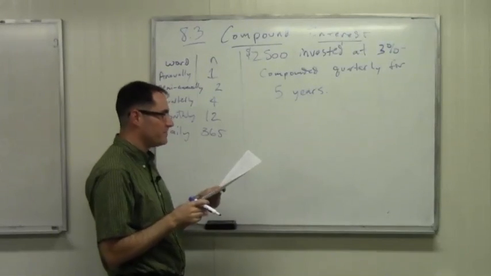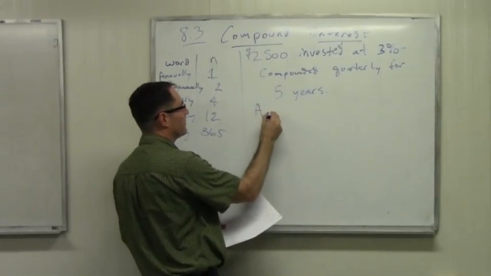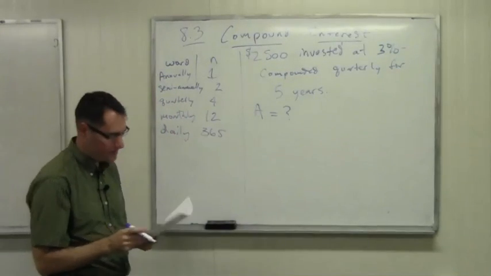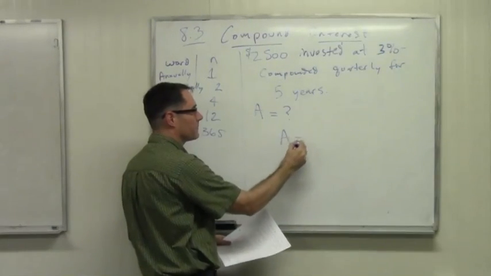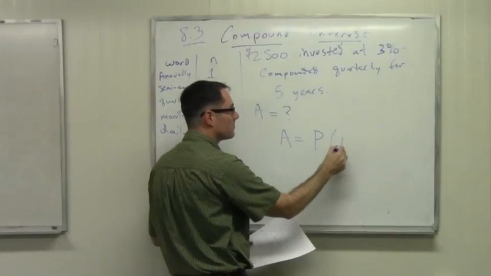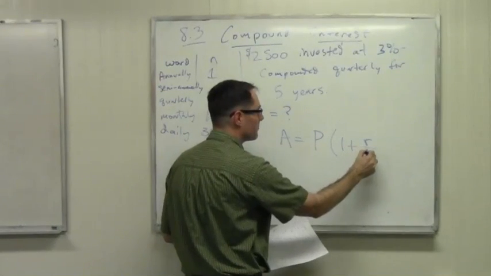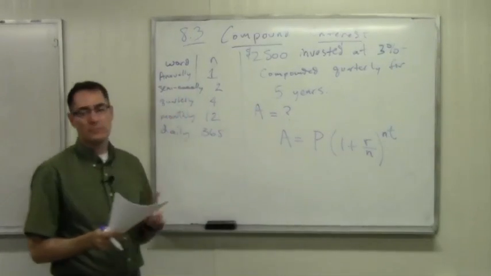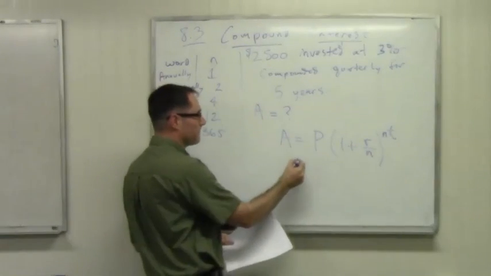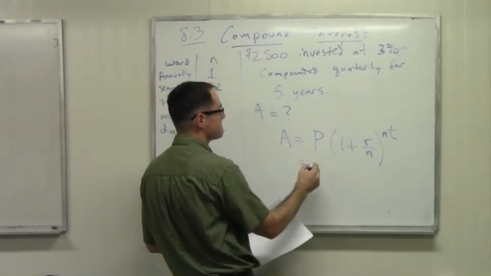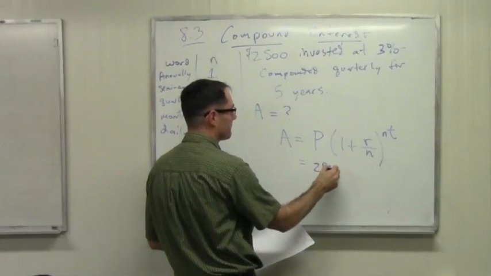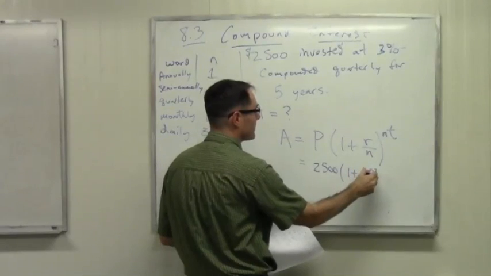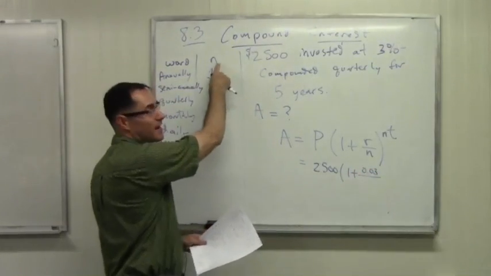You're trying to find the future value, A. What is n for again? n is the number of times per year.